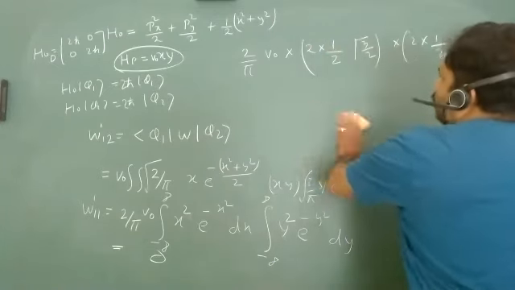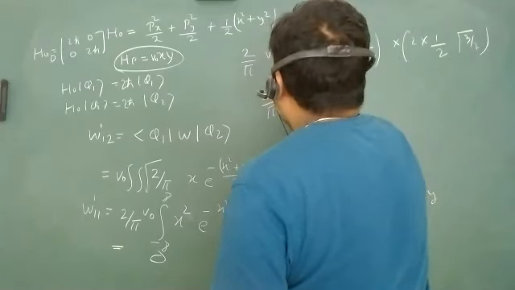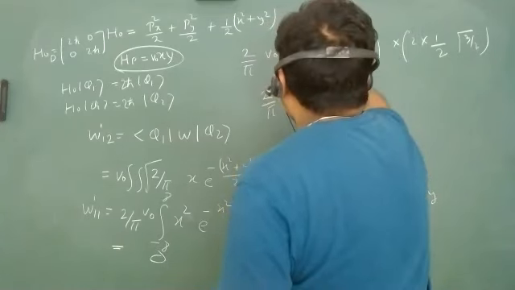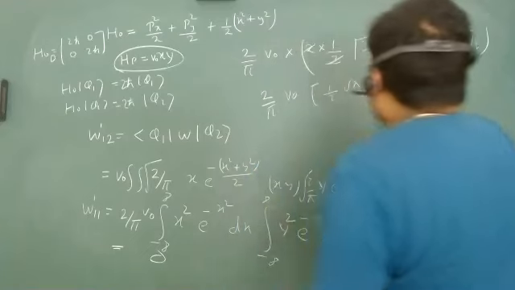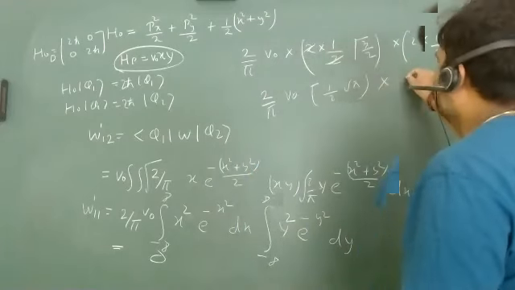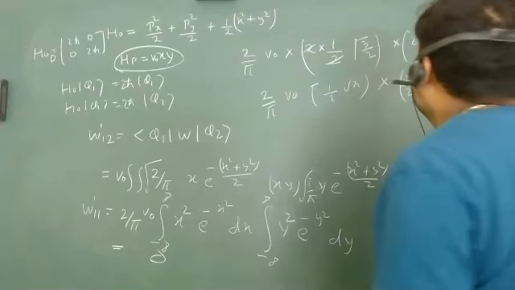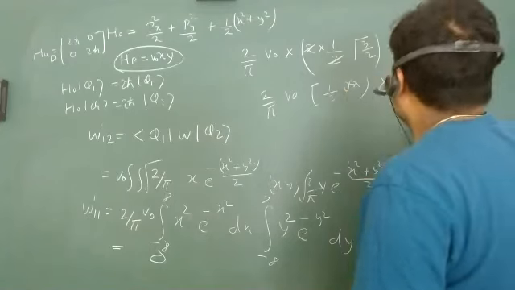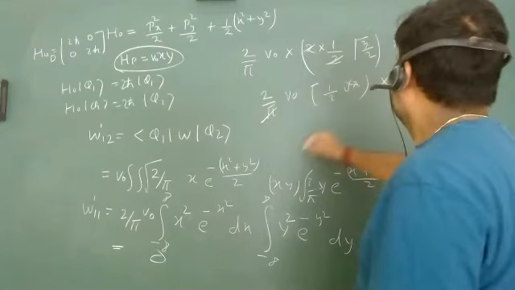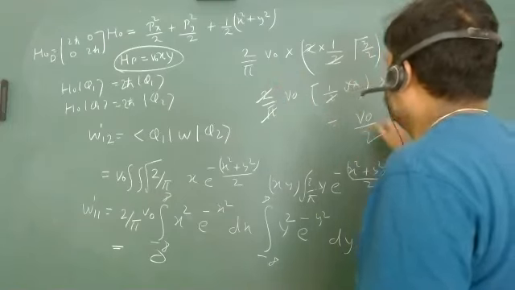So what you will get, 2 upon pi V naught, this is going to cancel out. The first term will be half into root pi, and the second term will also be half into root pi. Because this root pi cancels out, and this 2 and this 2 cancel out.